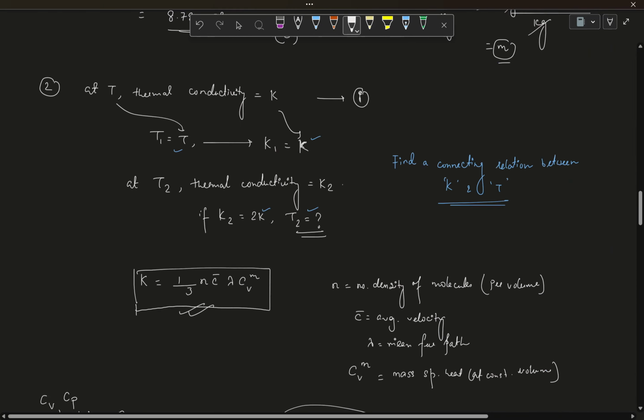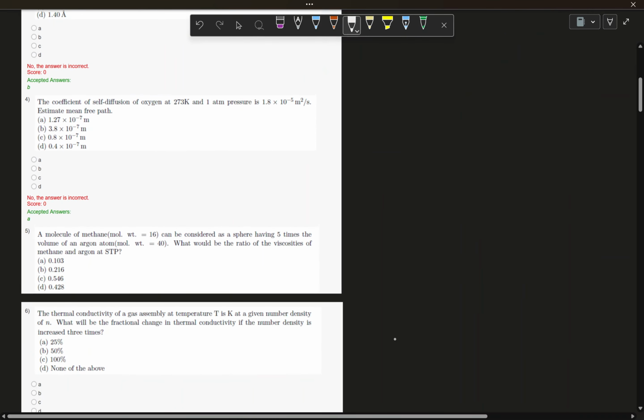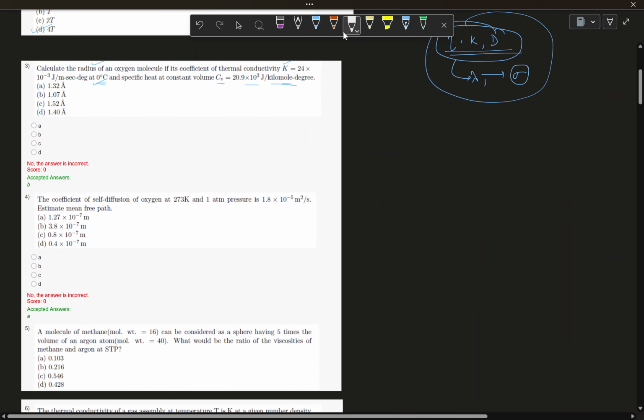Okay, so let us check whether this was an option given in the question. We have calculated 1.07 angstrom. So this is the exact value that is given here. So this matches. Now, this question is done.